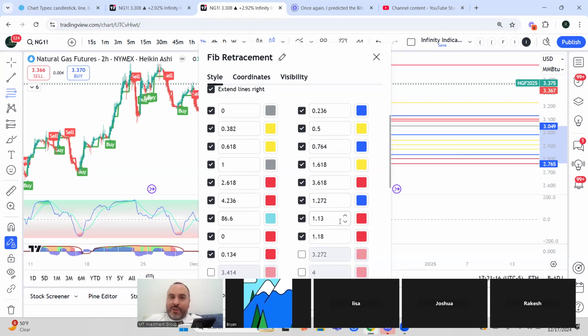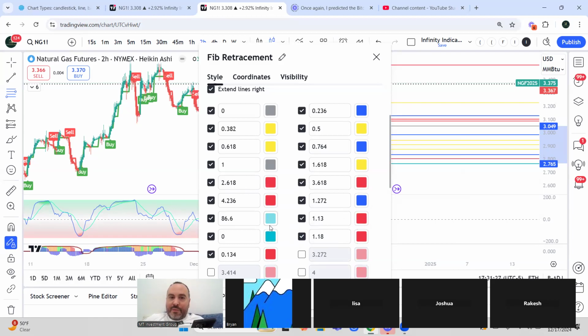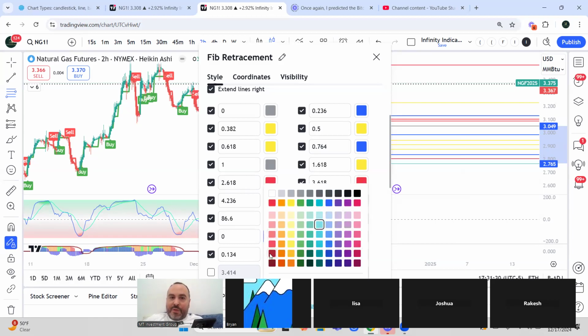Your 113 is going to be the same blue. Which one is this one? Let's see. Same blue.